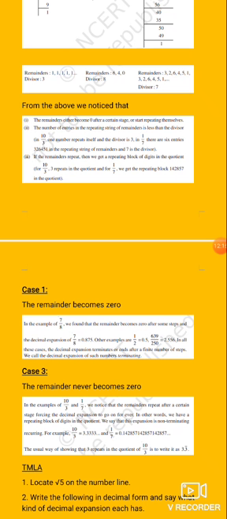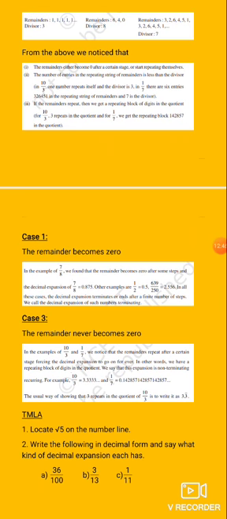For example, 10 by 3 is equal to 3.333, etc., and 1 by 7 is equal to 0.142857, etc. The usual way of showing that 3 repeats in the quotient of 10 by 3 is to write it as 3.3 bar. So it is non-terminating, repeating.